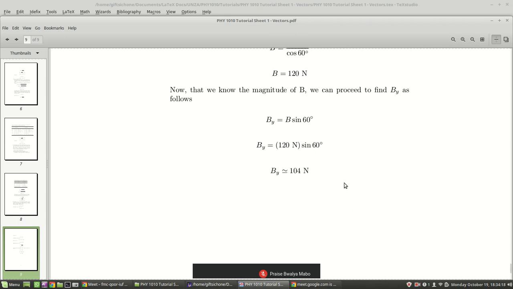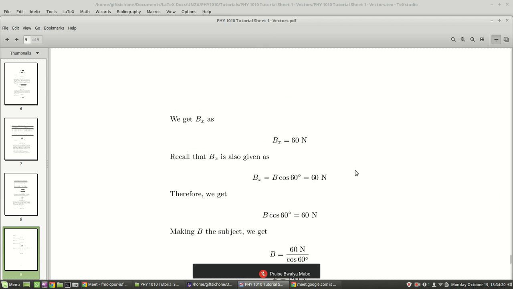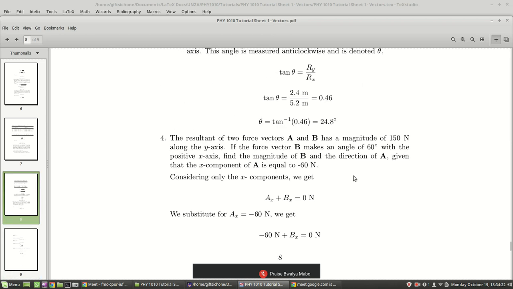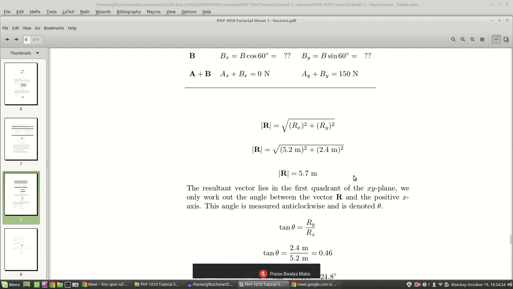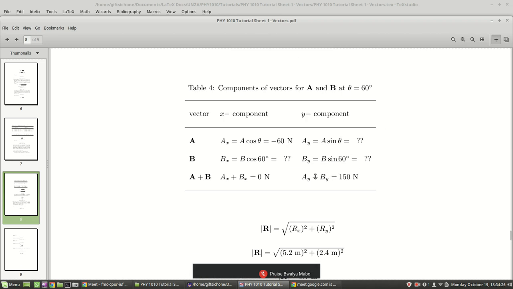The reason we need BY is that Ay plus By is equal to 150. So if you put the By there, we are going to be able to find Ay.